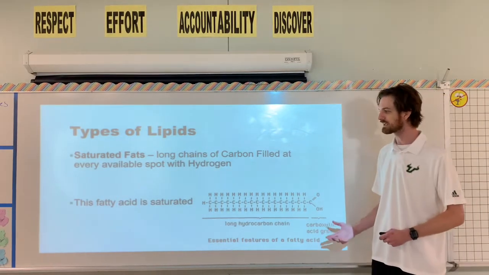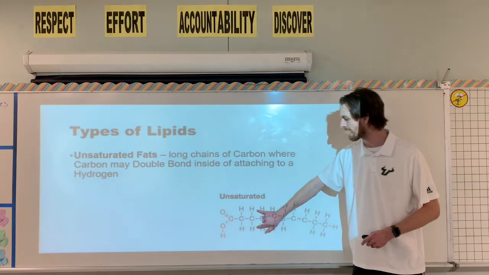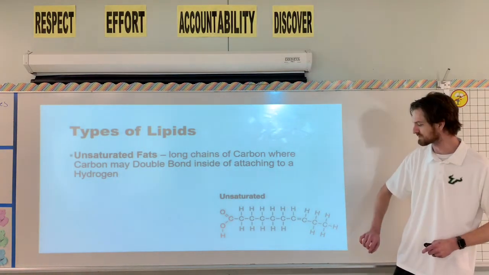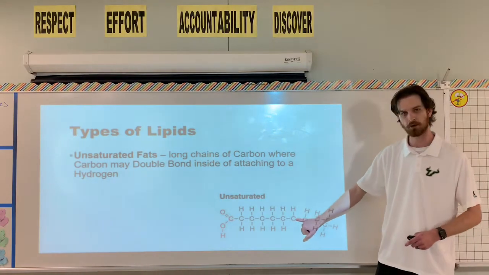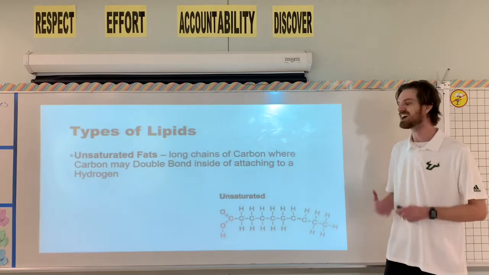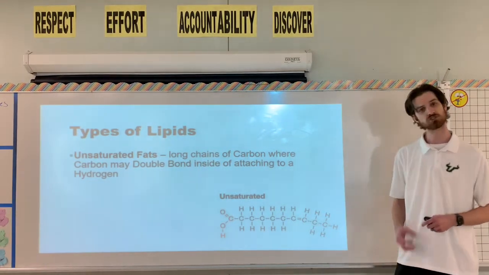On the other hand, there's what's called unsaturated fats. And this is where you have gaps. If you're looking across a fatty acid here, you see that it's got all these carbons and hydrogens, but there's one spot where there's a double bond. Just because of that, there's a gap. And so now it's unsaturated. It's not fully filled with hydrogens. There's a little space where I can actually fit some more.